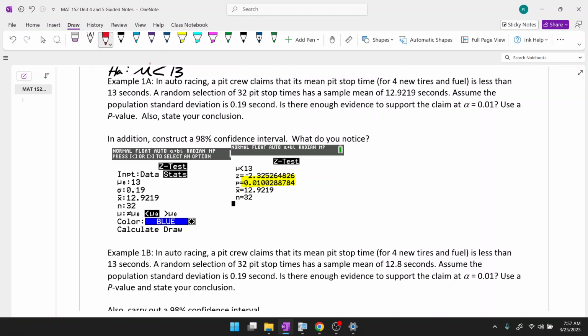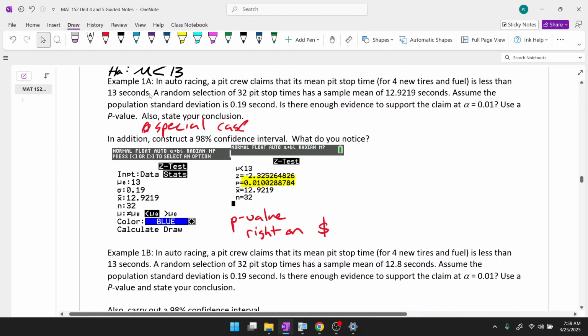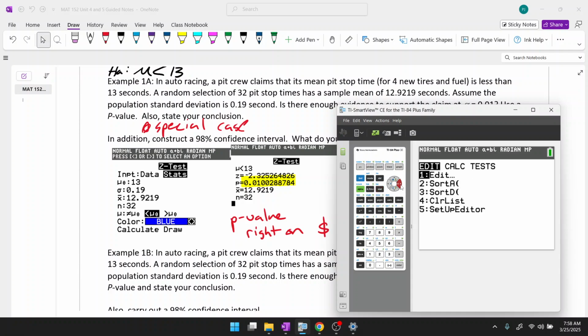Rather, this is kind of the special case where the p-value is, we'll call this right on the money. I like to say right on the money, even though it is a little bit higher. I would not give you one like this on a test or anything.